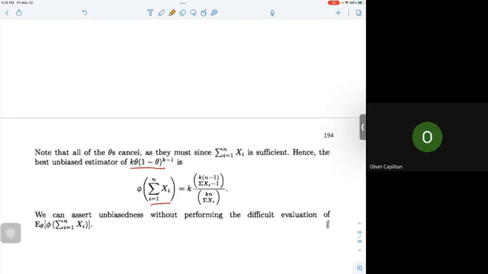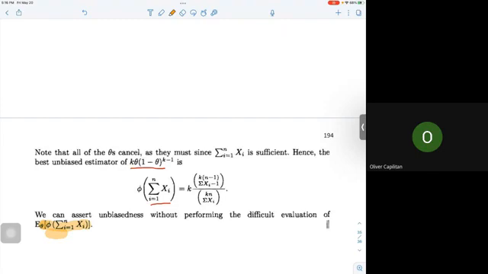So we can assert unbiasedness without performing the difficult evaluation of the expectation of this function of this complete sufficient statistic. Supposedly, kung gusto mo mag-assert ng unbiasedness, i-evaluate mo talaga yung mean of that estimator. So our estimator is a function of the complete sufficient statistic.